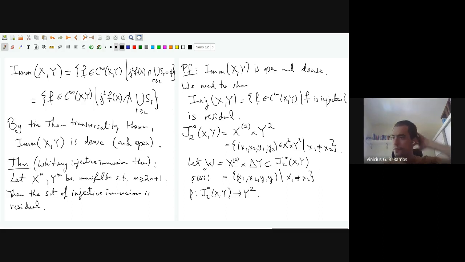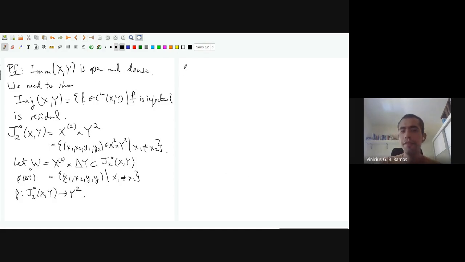Okay, so now, first of all, it's pretty obvious what it means for f to be injective. It means that, if and only if, the image of the 2, 0 jet of f does not intersect W. Being injective would mean that you have two different points whose image is the same.